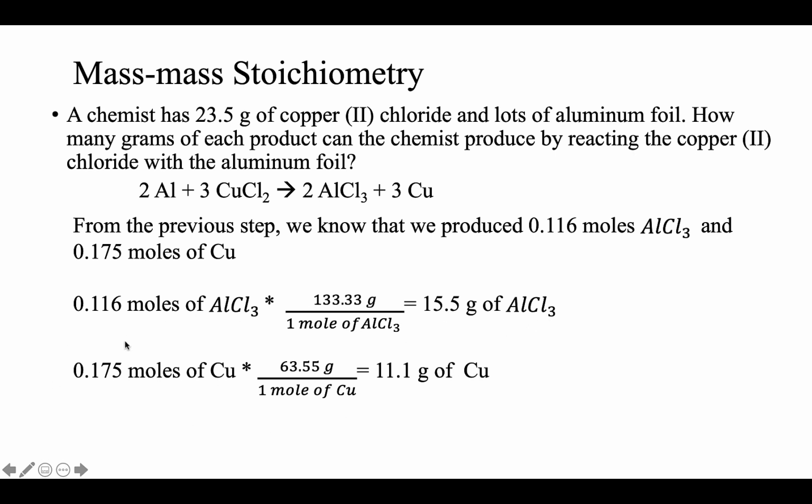Same thing with copper. We have 0.175 moles of copper multiplied by the molar mass of copper, and that will give you 11.1 grams of copper. So the final answer is, if you have 23.5 grams of copper 2 chloride, you should be able to produce 15.5 grams of aluminum chloride, as well as 11.1 grams of copper.